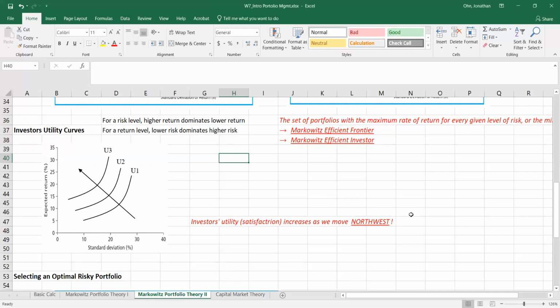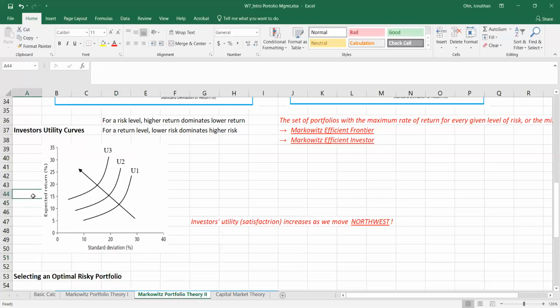All right. So I think you remember the utility curve there. If we apply that idea to risk and return, return is an example of a good because the higher return makes you more satisfied, right? But standard deviation is a risk.